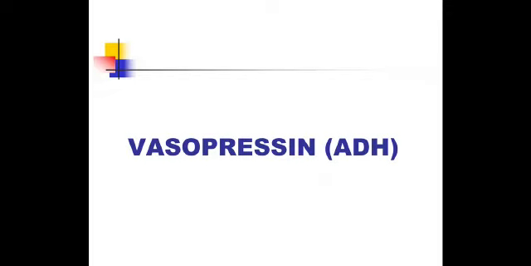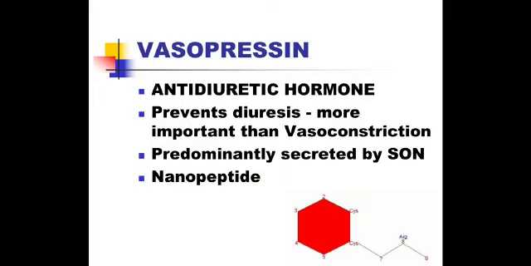The next neurohormone which we'll be dealing with is arginine vasopressin, also called antidiuretic hormone. This hormone prevents diuresis, and not only that, it also has a very important action on blood vessels by initiating vasoconstriction.